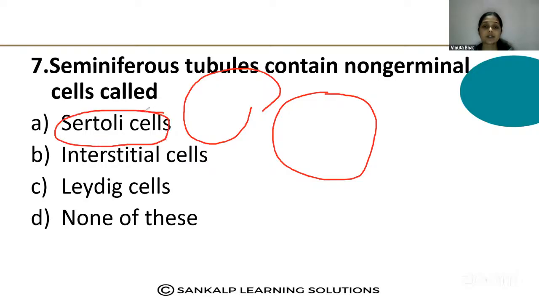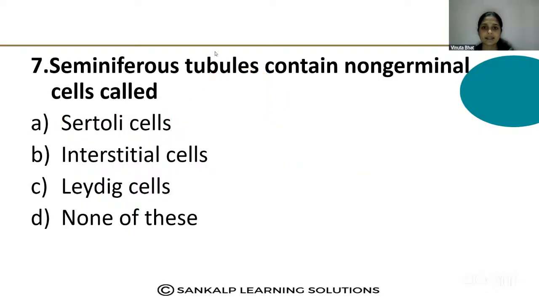Interstitial cells are not present inside the seminiferous tubules; they are present in between the two adjacent seminiferous tubules. Sorry, option A, the Sertoli cells, is the correct option.